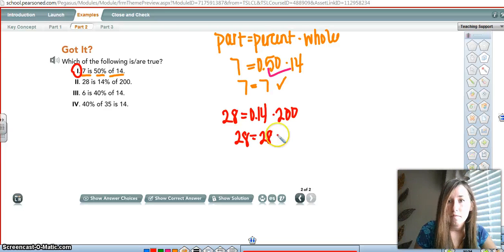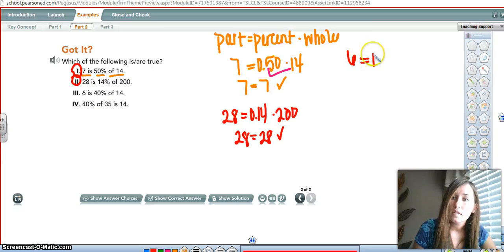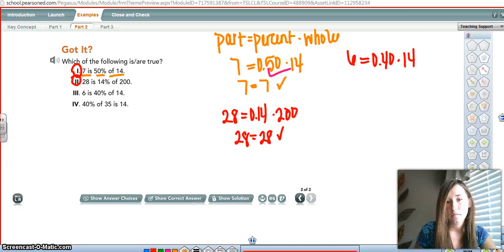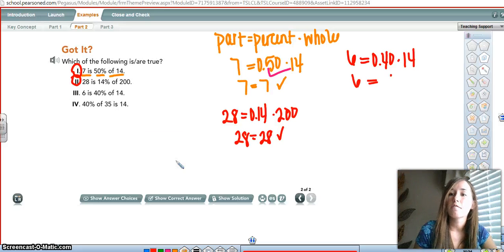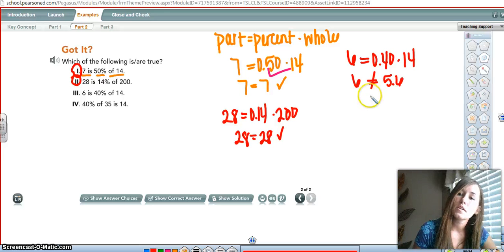And that one's true. 6 is 40% of 14. Let's check it. 40% of 14 doesn't give us 6. It gives us 5.6. So these are not equal. So this one is not true.